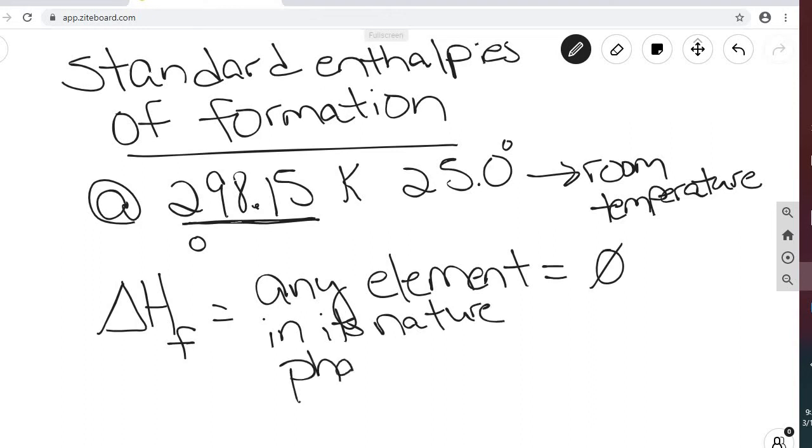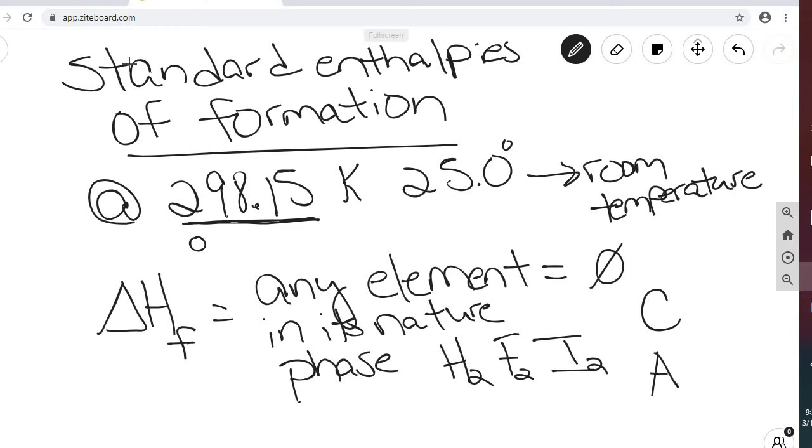Remember that for the homonuclear diatomics, their natural phase is this, or this, or this. So carbon would be 0, aluminum would be 0, and for any of the homonuclear diatomics, the delta H would also be 0.